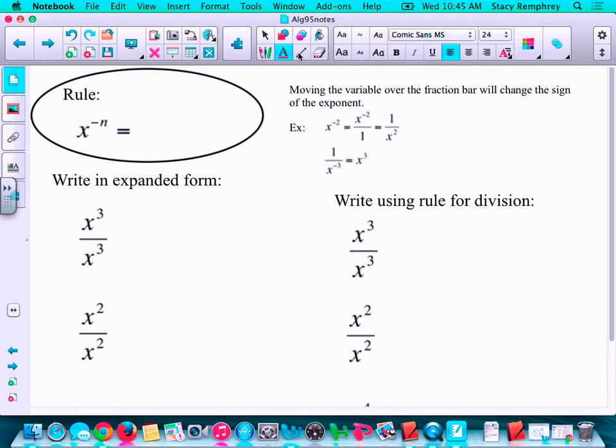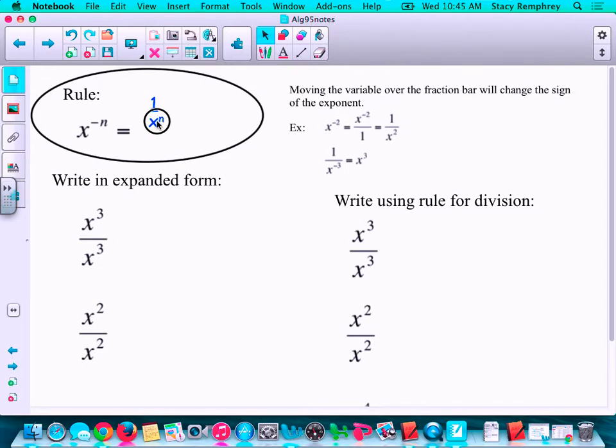So hopefully you might say that x to the negative n is the same as 1 over x to the n power. So I want to emphasize here that negative exponents don't make the number negative. It means instead of multiplying something a bunch of times, it means divide it by this a bunch of times.